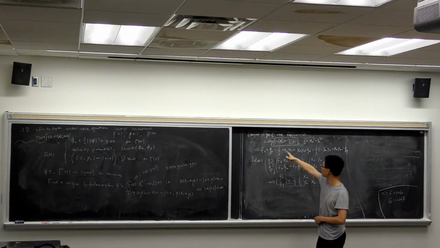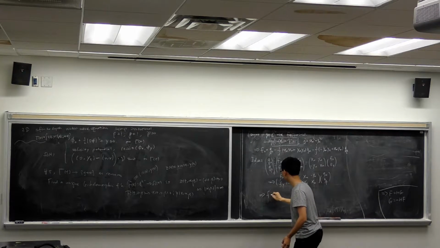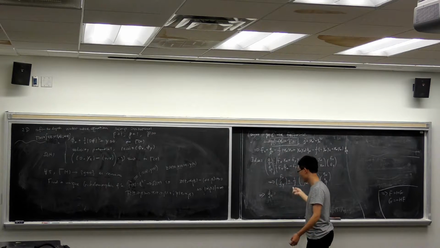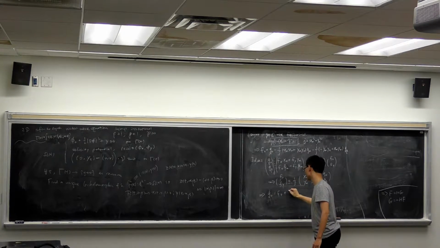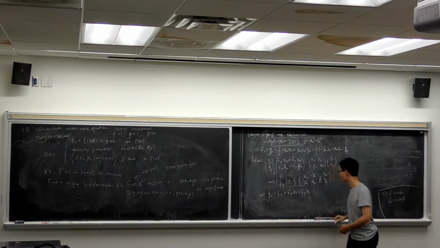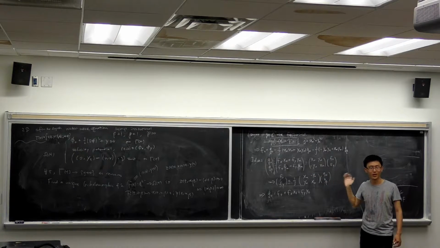And to do the time change, I mean the relation between time derivatives, we consider g_t, which should be, by the chain rule, f_t plus f_x x_t plus f_y y_t. For f_x and f_y, plug in what you get from above.